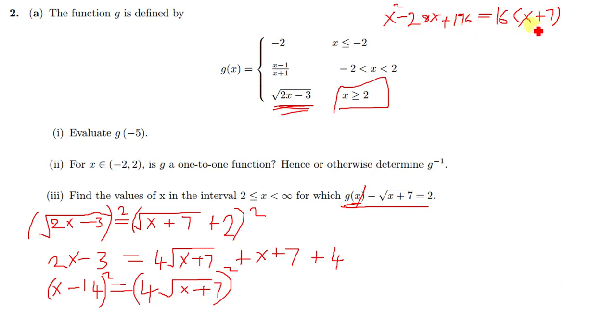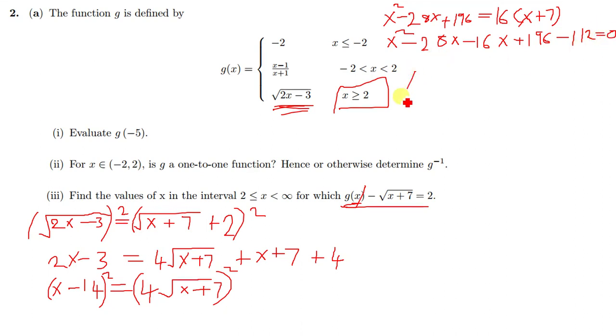So here it's just a matter of pairing the like terms again. So you have x squared minus 28x, and then we have minus 16x, and then plus 196 minus, we have 16 times 7 there. 16 times 7 gives you 112. So 196 minus 112, everything is equal to 0.